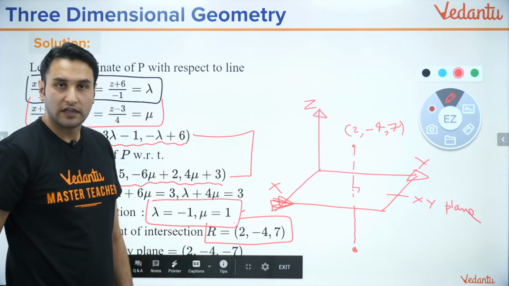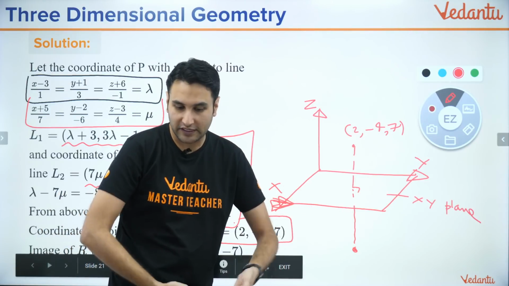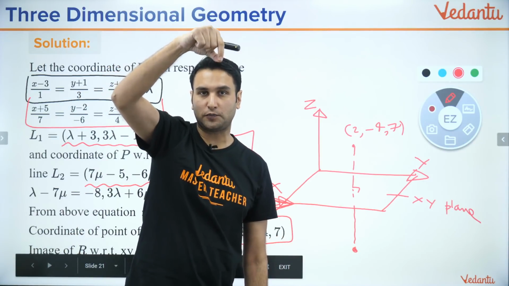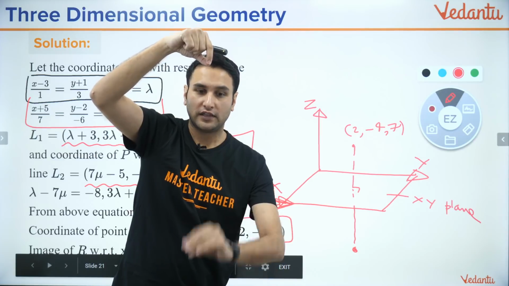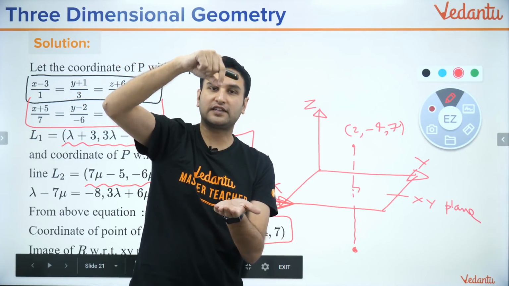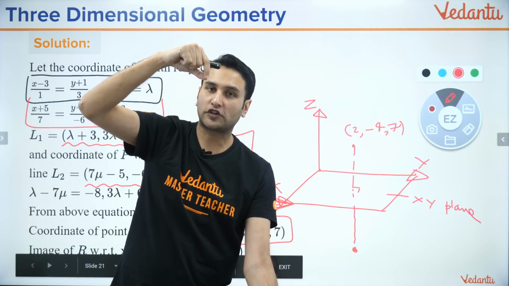This is the reflection. Children, do you realize that when you take the reflection about the xy plane, imagine the floor is the xy plane. If you take the reflection of this point with the xy plane, just below it, I am on the 3rd floor, basically you are looking at the reflection of his point, which will be on the second floor. What will change?